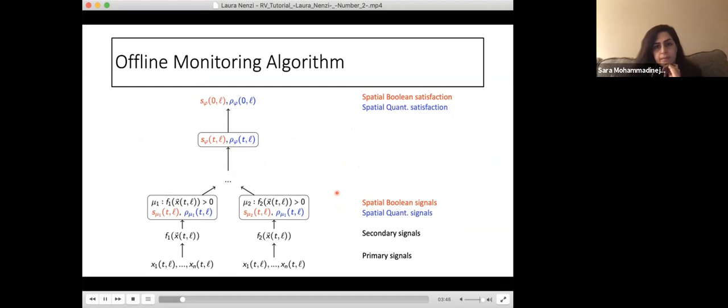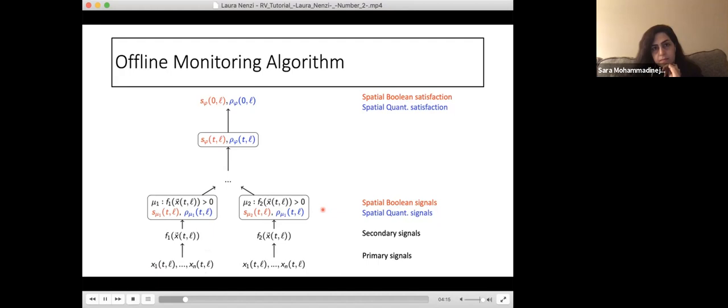So as for STL, the monitoring algorithm works on the parse tree, the tree of the formula, where we have at the bottom our spatio-temporal trajectory, and then each node corresponds to a sub-formula, so to a specific operator of the formula that we are considering.